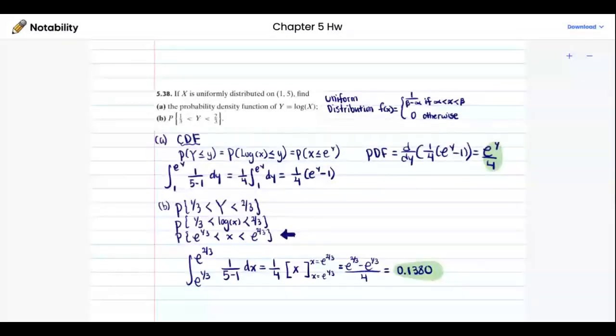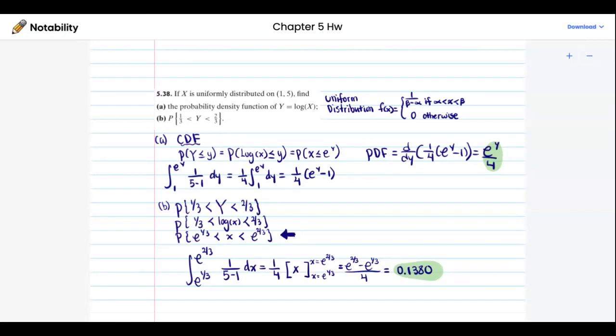Hi, Professor. Hello. Okay, so I'm presenting 5.38. If x is uniformly distributed on (1, 5), find part A, the probability density function of Y equals log x. For part A, we first do the CDF, the cumulative.